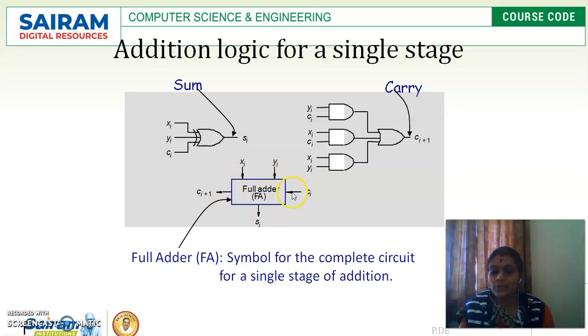So in the full adder circuit, initially we have the inputs x, y, and we are going to get one summation that is called si, and after this addition, we will get ci plus 1, the carry. Right, so this carry will be forwarded to the next level. That's why this is called the addition logic, right?